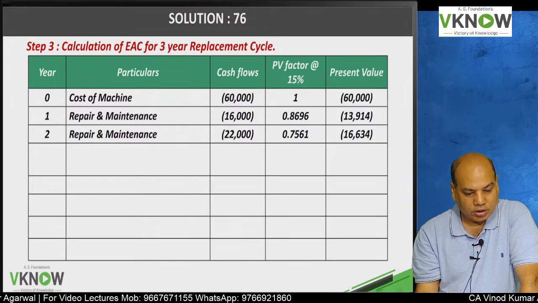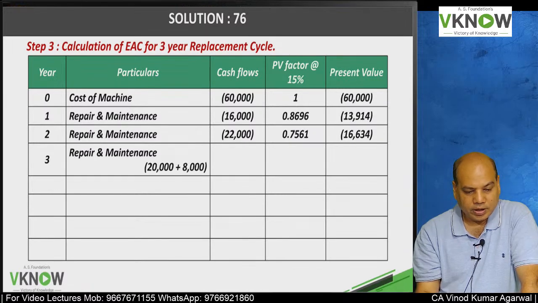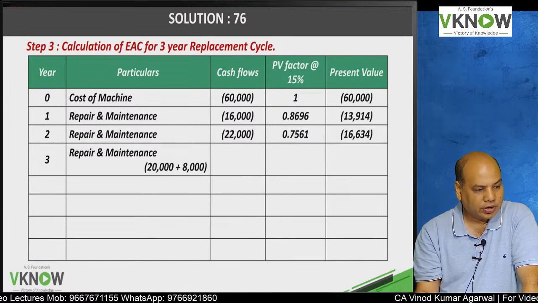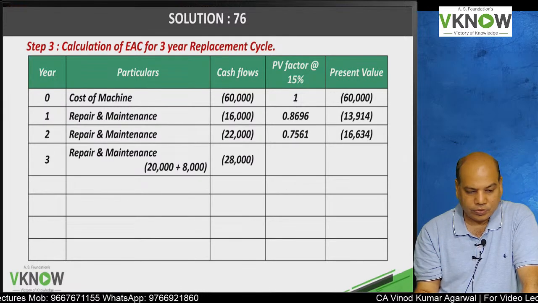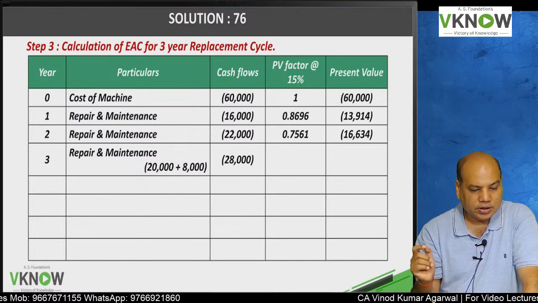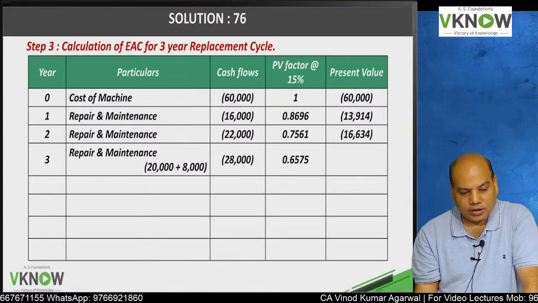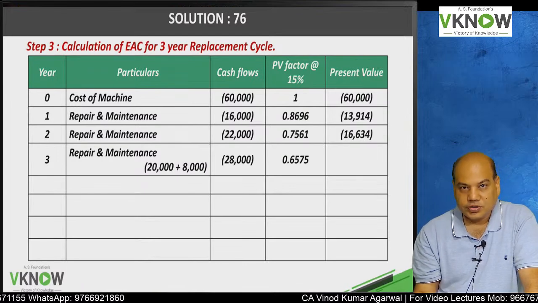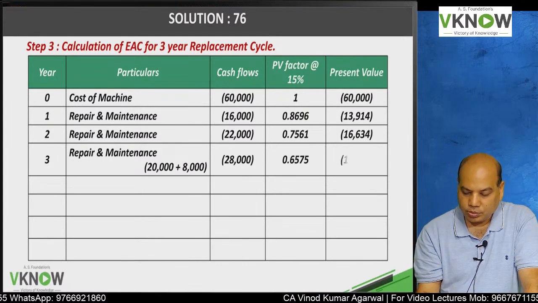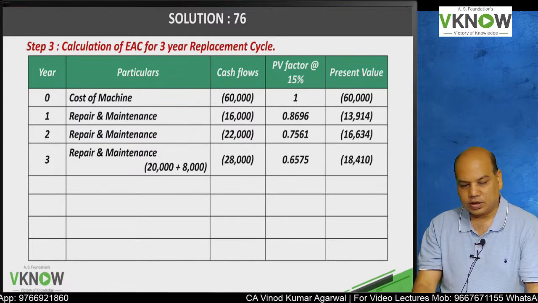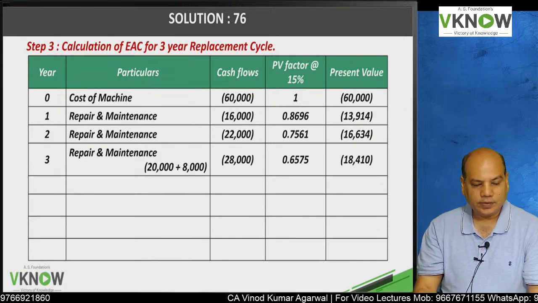Then year 3 will have repair and maintenance 20 plus 8, 28,000. This is a question from the study material of the institute. The factor is given, 0.6575. 18,410.